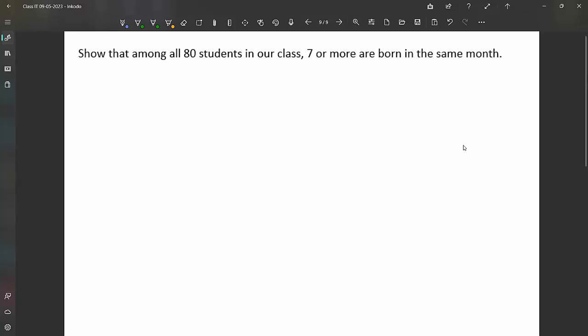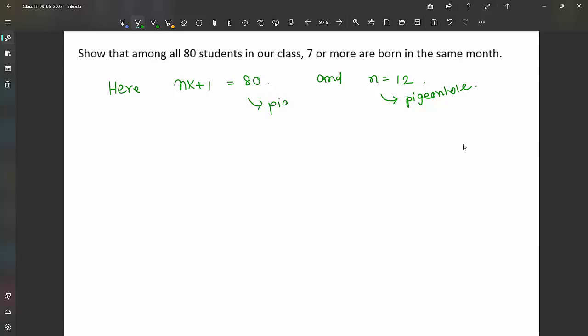Here nk plus 1 is equal to what? 80. This is the total number of pigeons, and the total number of months n is equal to what? 12. So this is the number of pigeonholes, and this is the total number of pigeons.